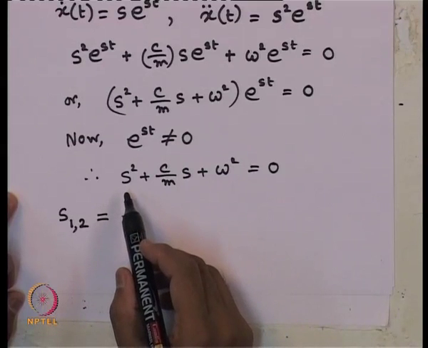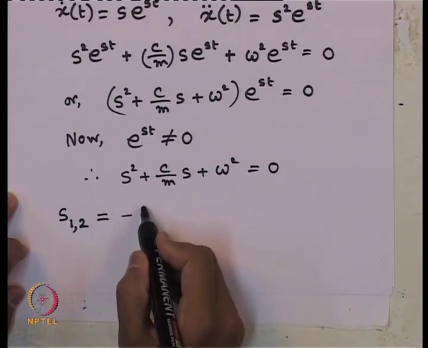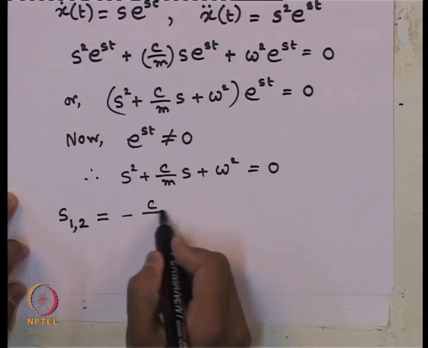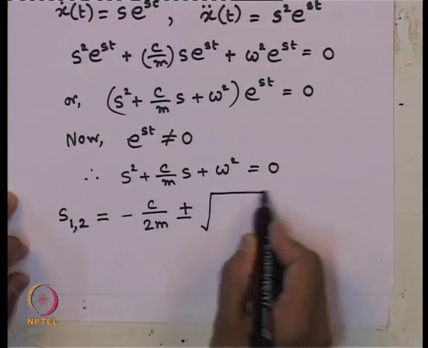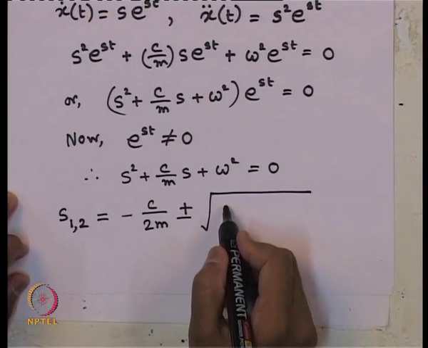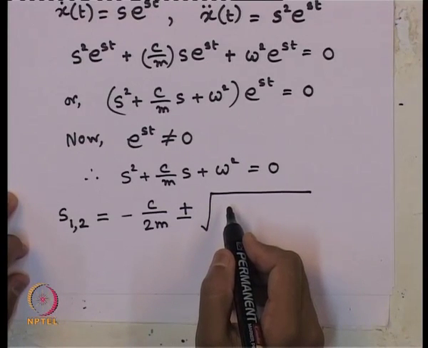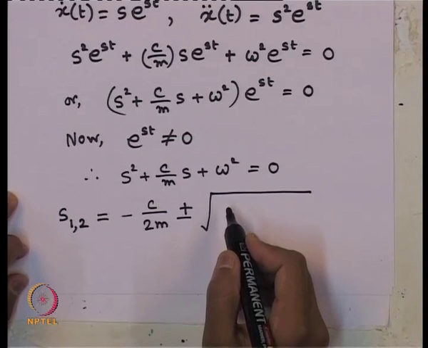It is in the form of minus b by 2 a plus minus root over b square minus 4 a c by 2 a, for a x square plus b x plus c equals to 0.